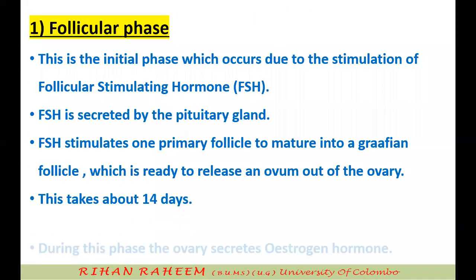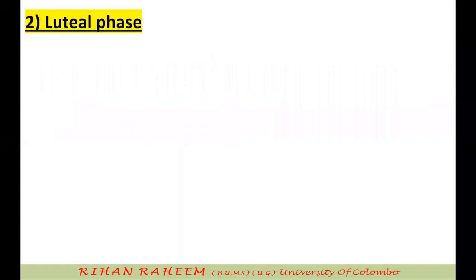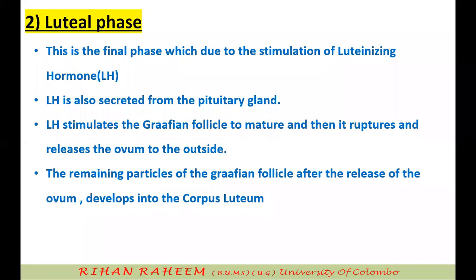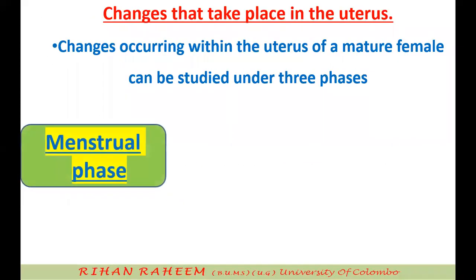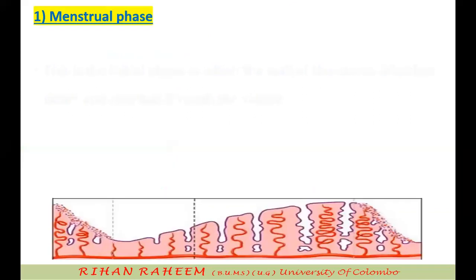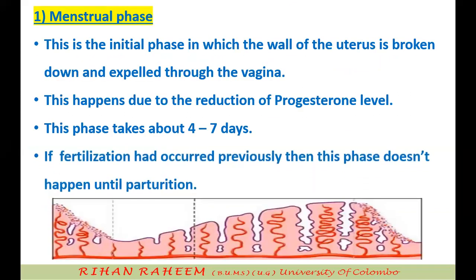So this one fully we have explained: follicular phase, luteal phase, 14 days, 14 days, FSH hormone, LH hormone, that we know. And then we came to the changes taking place in the uterus. It is known as the uterine cycle. That has 3 stages: menstrual phase, proliferative phase, secretory phase. Menstrual phase is the breaking days, 3 to 4 days.